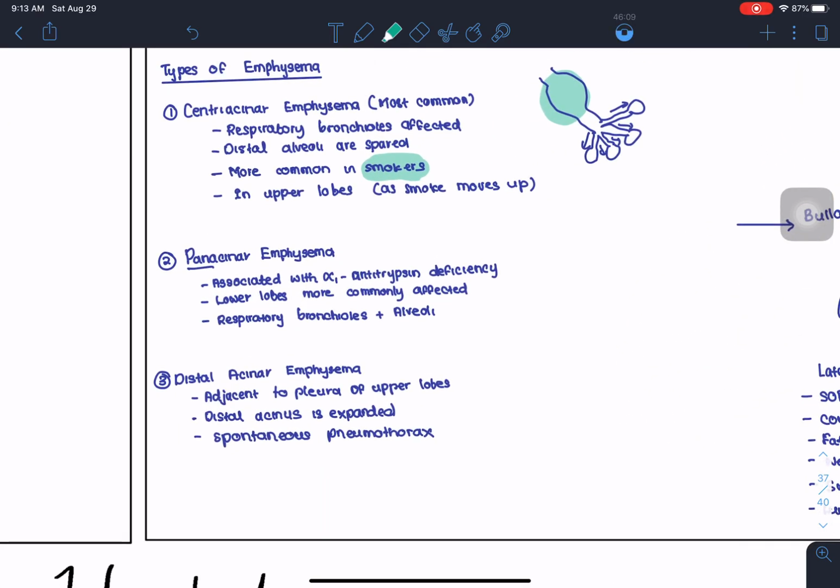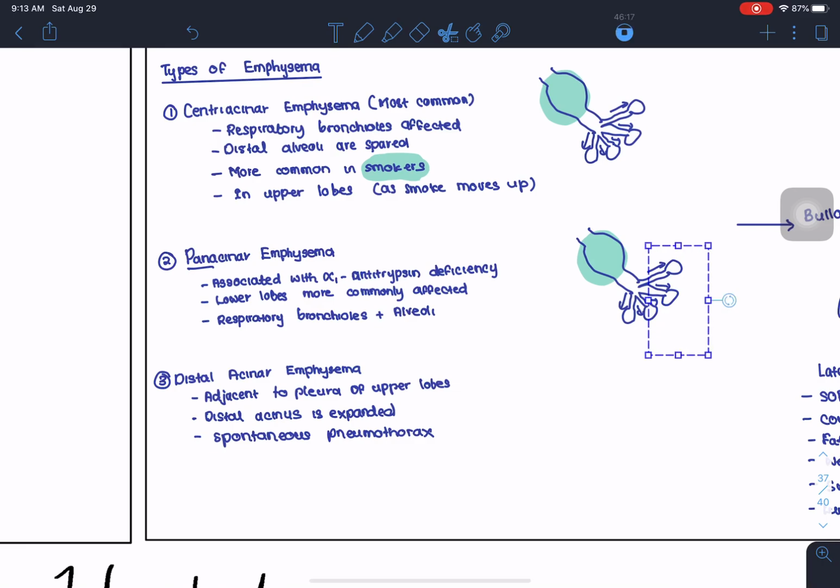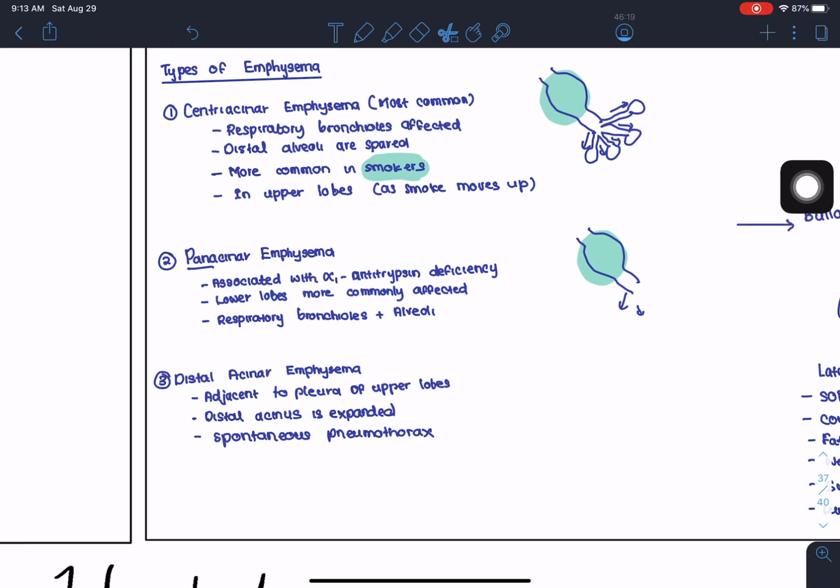So, panacinar emphysema. What is that? It involves the whole respiratory bronchioles and the alveoli. So, instead of the surface area being like this, you get very little surface area in this.